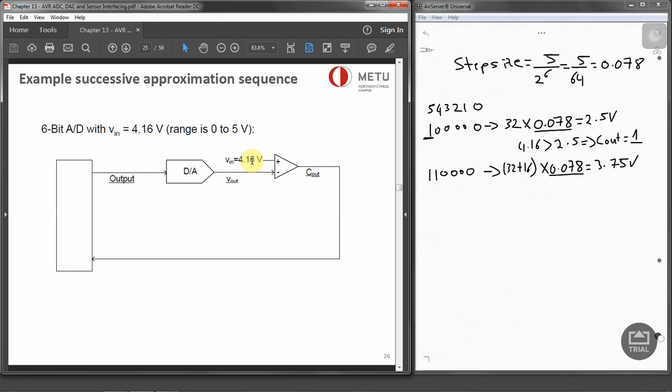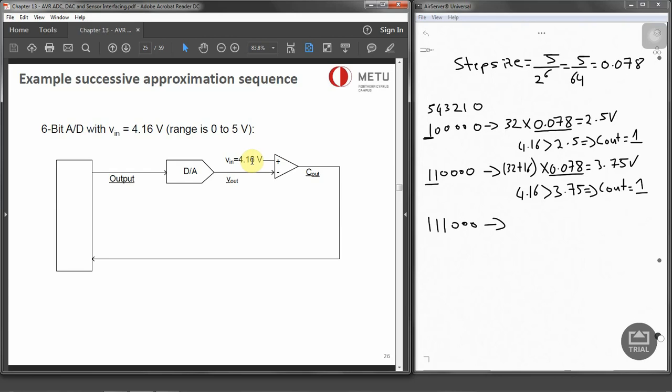So 3.75, then that means 4.16 is greater than 3.75, so C out is going to be 1 as well. Again, that means we have to freeze both those. Then we repeat it again, 1, 1, 1, 0, 0, 0.